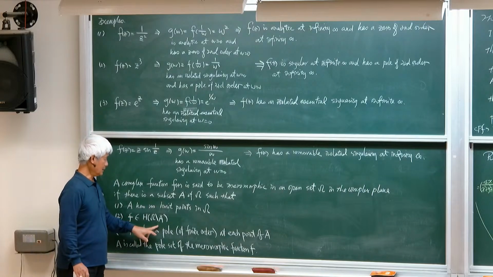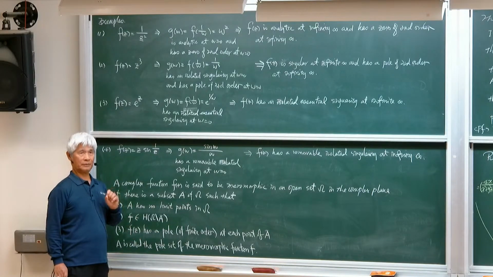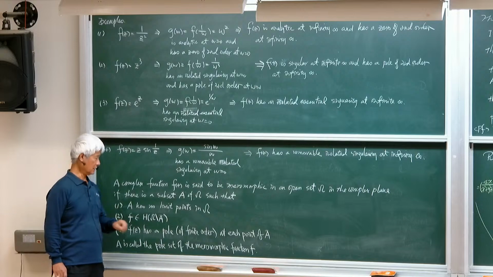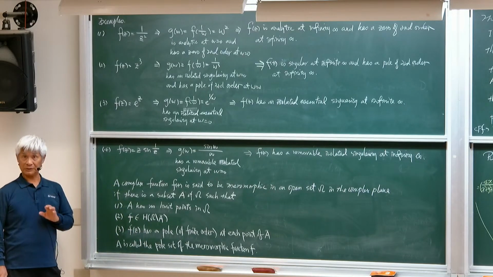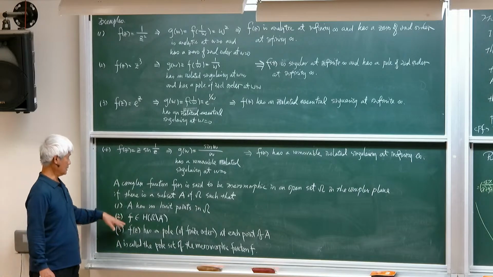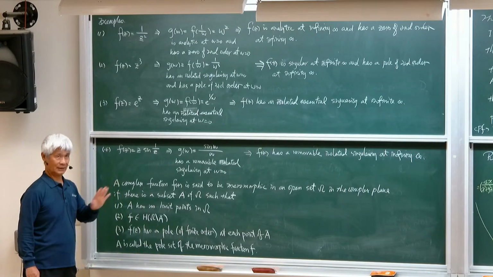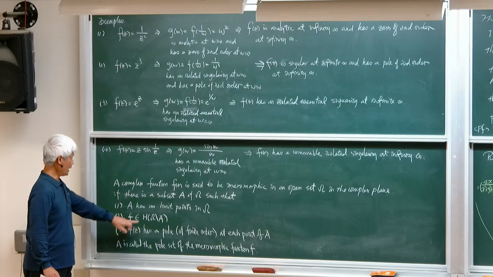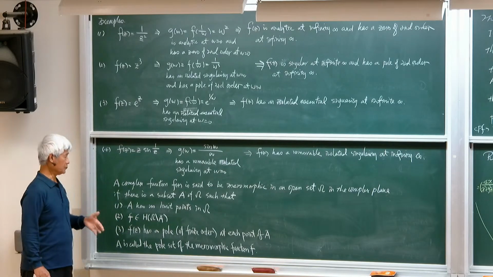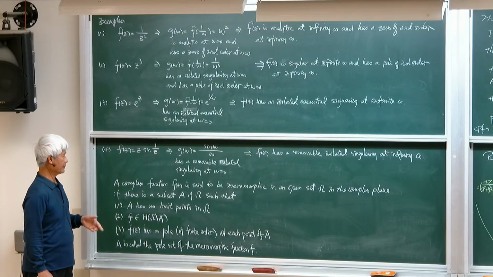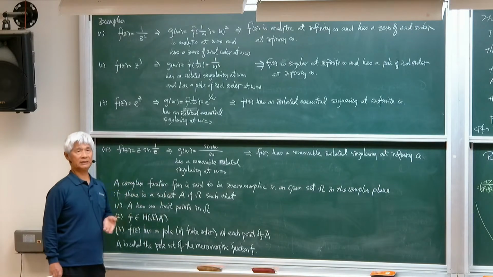And each of the singularities is a pole of finite order, okay? So you can't have an isolated essential singularity at any point of A. Every point of A is just a pole of finite order of the complex function of z.